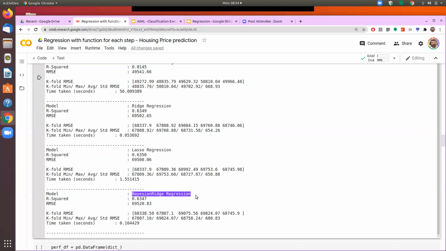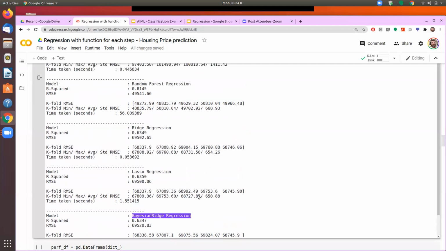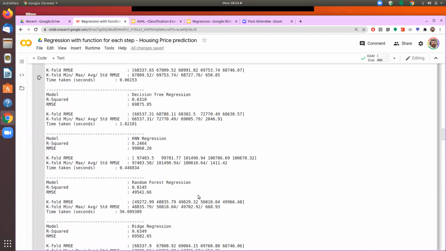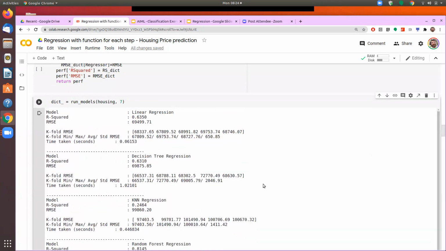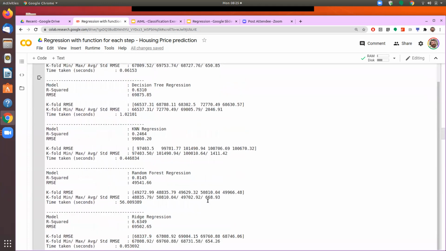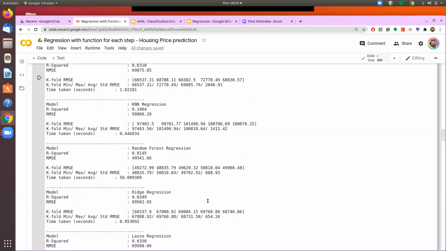We'll take it up later. So actually we tried with 7 different regression models on our housing price data. And then we find that one of them, which is the random forest, is giving me a good result, it is 0.81. And therefore, this is the model that we would select.